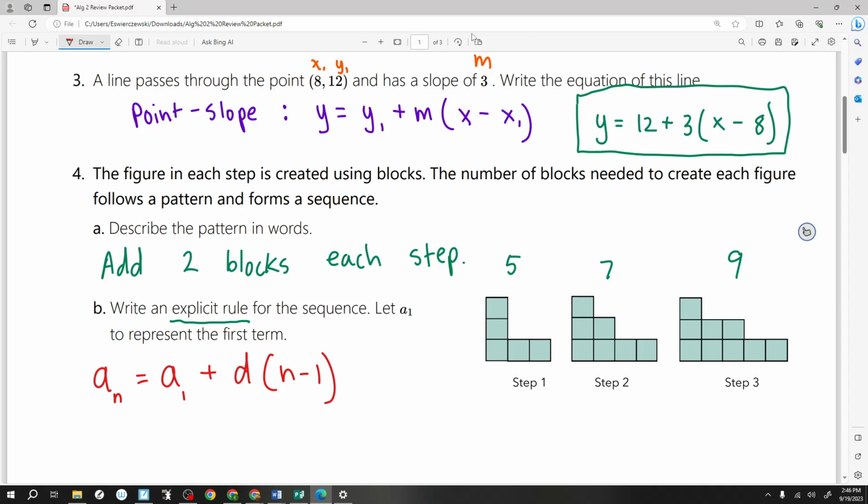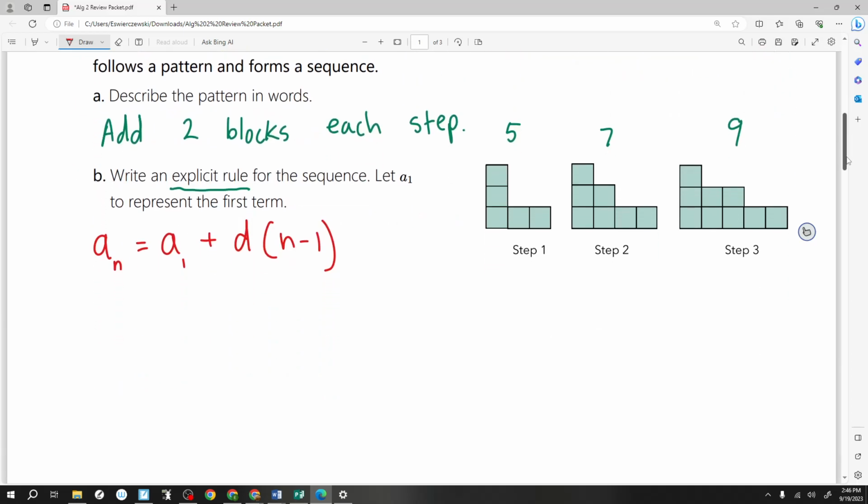This is coming straight from our cheat sheet, lesson 1.2. What does A1 represent? The first term. What is the first term? 5. Let me scroll down a little bit. So A1 would be 5. What's my common difference? 2. And N minus 1 I leave alone.